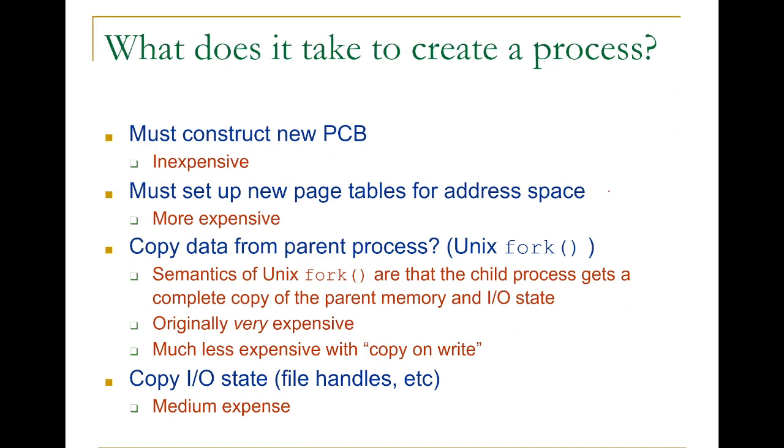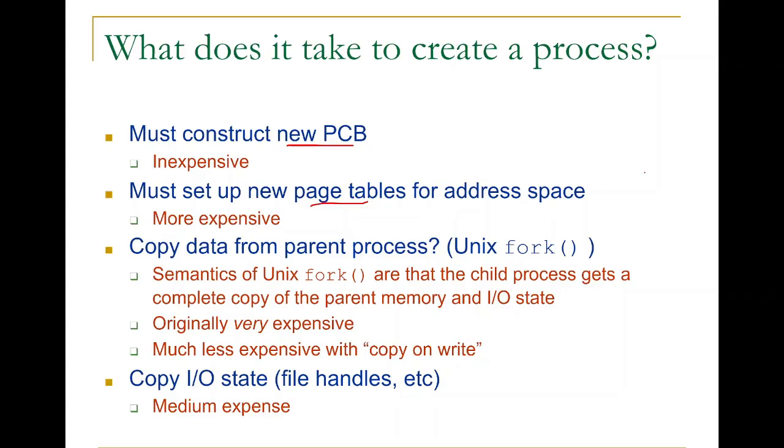What does it take to create a process? First, you must construct a new process control block. That is inexpensive. Secondly, the operating system must set up a new page table for the address space.